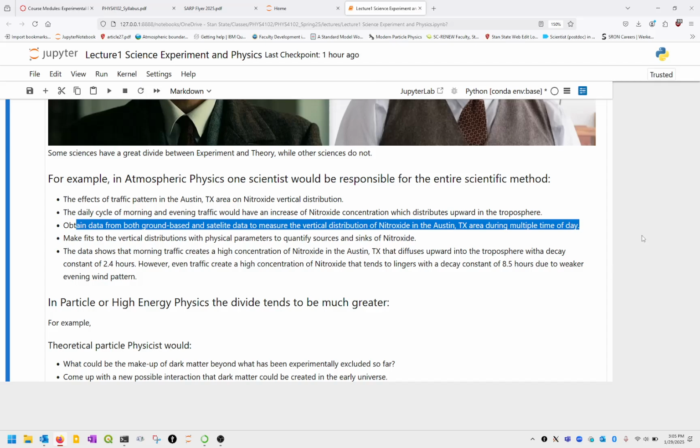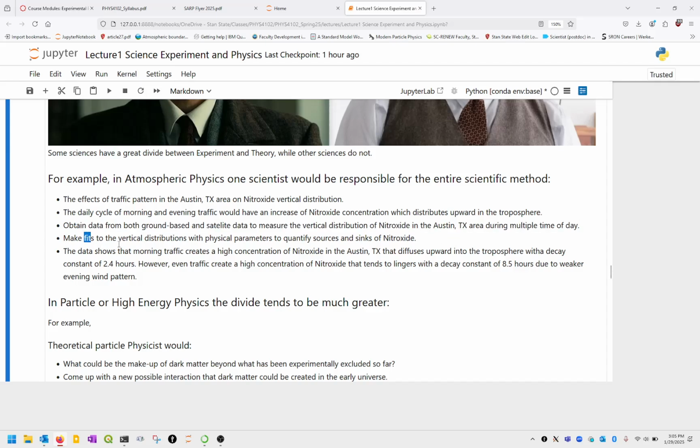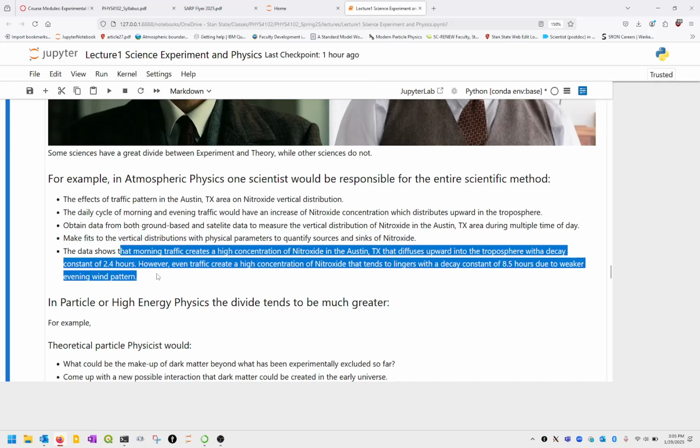Yeah, the experiment, or obtaining the data. This fourth step is the data analysis. And then of course you write a conclusion and report your results. This is actually an interesting result for this particular area, but we don't have to go through the actual science itself. One person or one group of scientists does all of these steps. They do the entire scientific method.